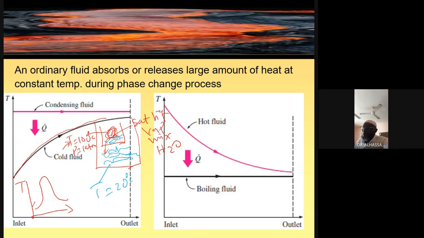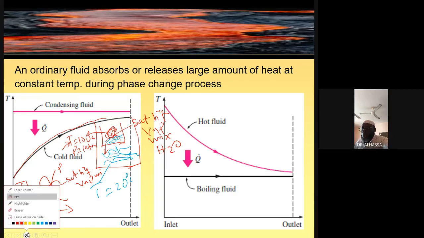T-v diagram, on a T-v diagram such as this, there is a constant pressure line. This region corresponds to the saturated liquid vapor mixture. If you have a fluid over here, let me sketch it well so you see.